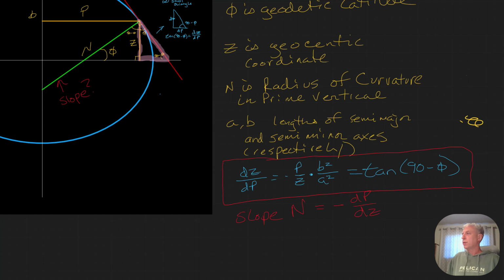It's just the opposite of the inverse of the slope of the original line. Now looking back at our little infinite triangle, what is minus dp/dz? Well, that's just tan phi.